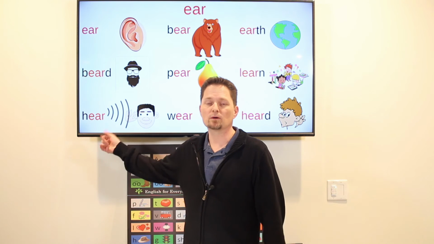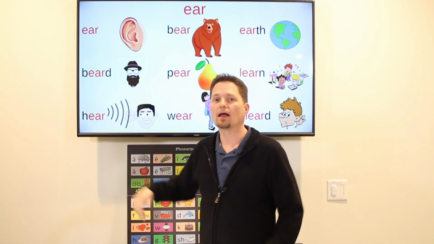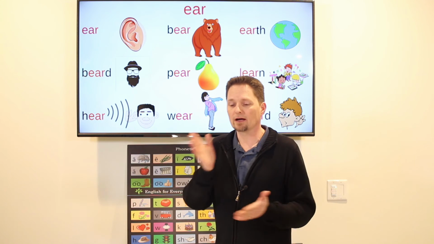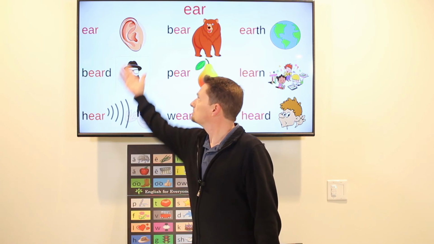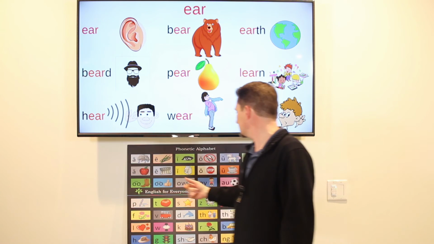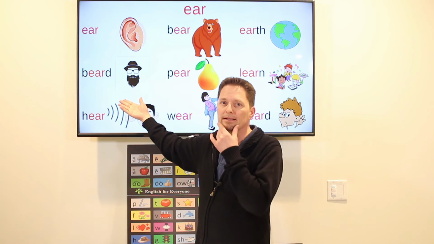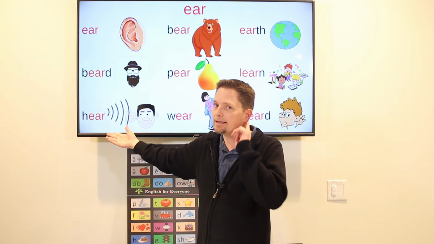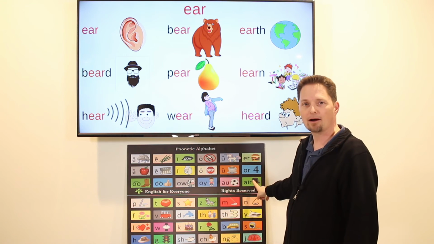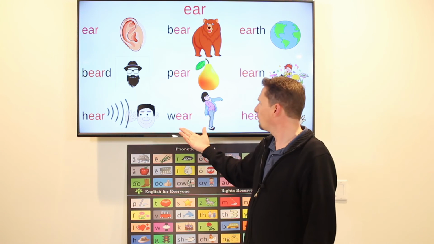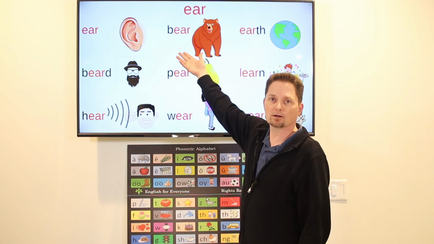And we have some examples with EAR. If you have the combination EAR, there are no rules. Look at each word. Different possibilities: ear, using the long E, ear, beard, here. Or sometimes it makes the sound air, like chair: wear, pair, and bear.